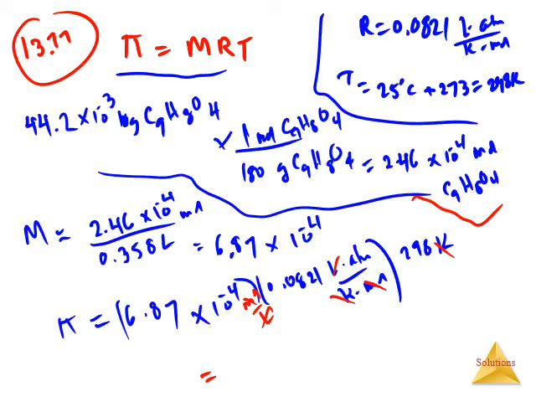The osmotic pressure is a pressure unit. So the pressure unit would be atmosphere in this case, 0.0168 atmosphere. If you want to convert it to a smaller unit like millimeter of mercury or torr, you have to multiply that by 760. The 760 millimeter of mercury makes 1 atmosphere.